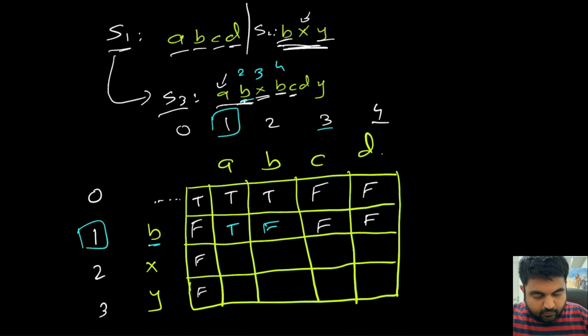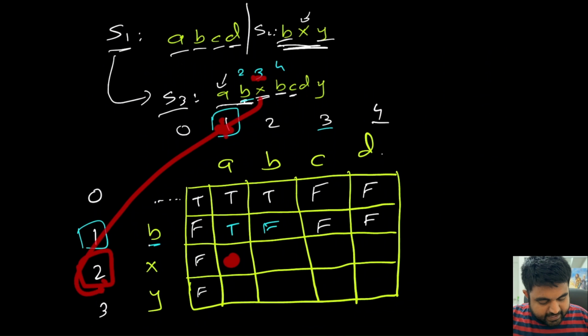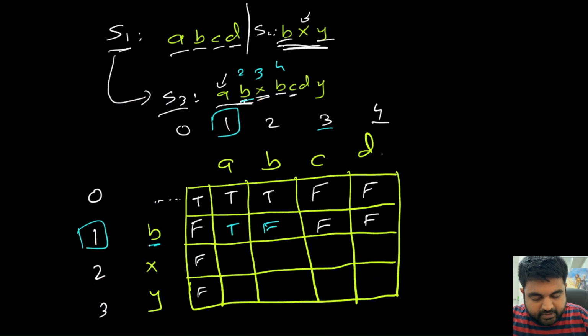Same way, now once again, we are comparing this particular cell. Now the value is 2 plus 1, so 3. The third value is X. Because the third value is X, we can notice that this X matches with the value on the J axis, so we will have to compare the value above it. This value is true, so because of that, this is also going to be true.